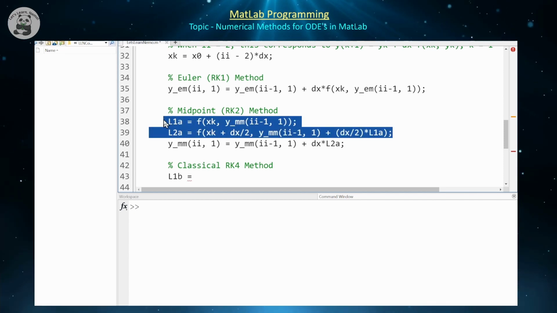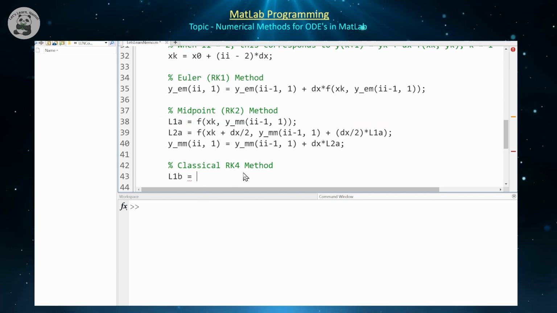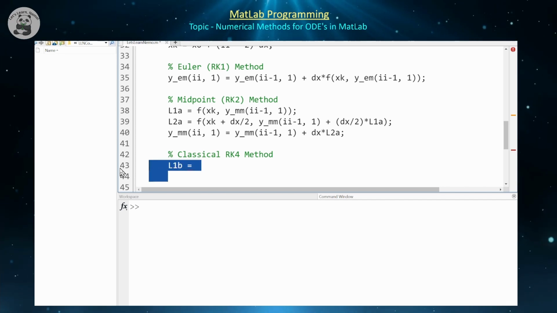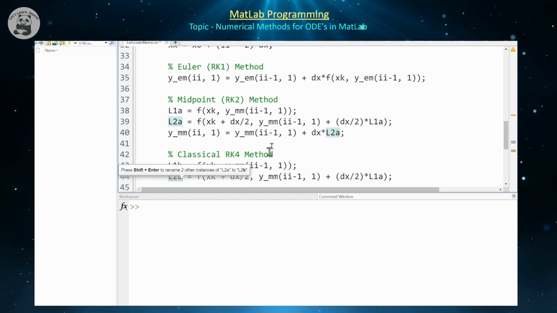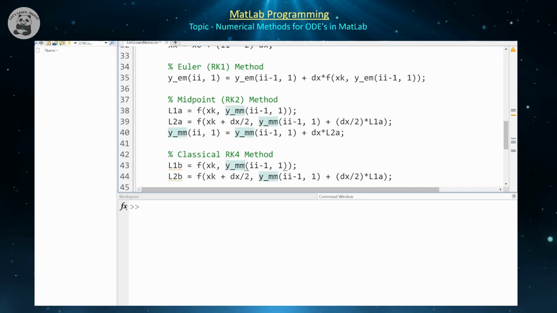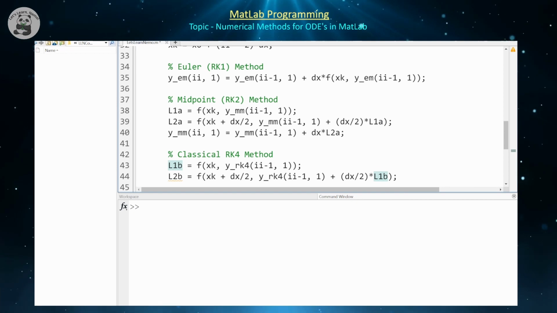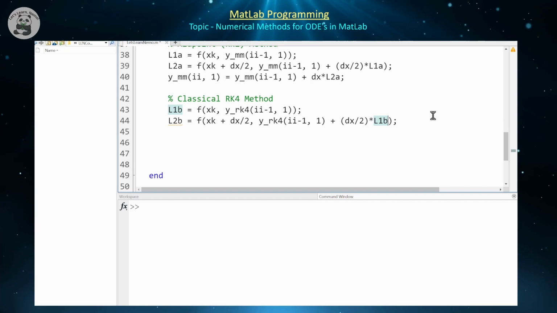In some sense what we can do is just copy and paste these down and make the necessary modifications. So this is going to be B, this is going to be B, and we're going to be referencing the RK4 y value in each of these. So RK4, and make sure you change that to L1b. All right, so that's the first equation for classical RK4.